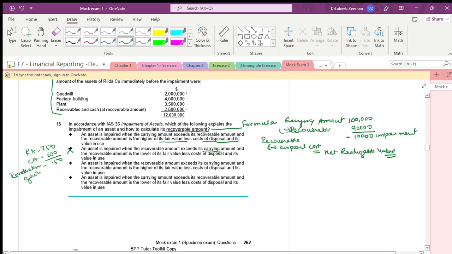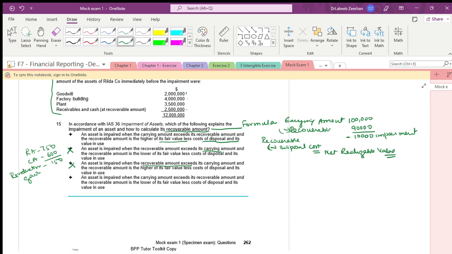If the recoverable amount exceeds, it's not at all. The first rule is giving us a wrong idea: an asset is impaired when the recoverable amount exceeds. Recoverable amount exceeds means you are getting profits. It is not an impairment.